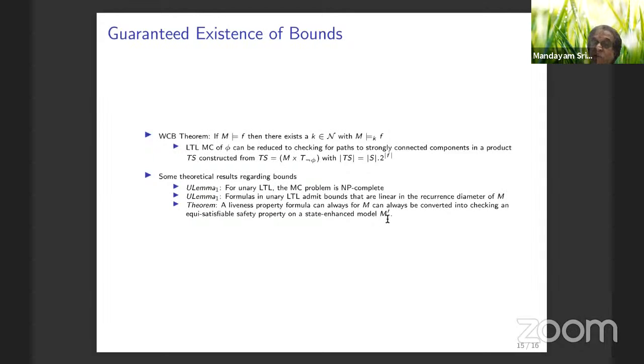How exactly you do that, we'll not get into the details, but he shows that the checking of liveness can be converted into checking on M prime by adding a few states.